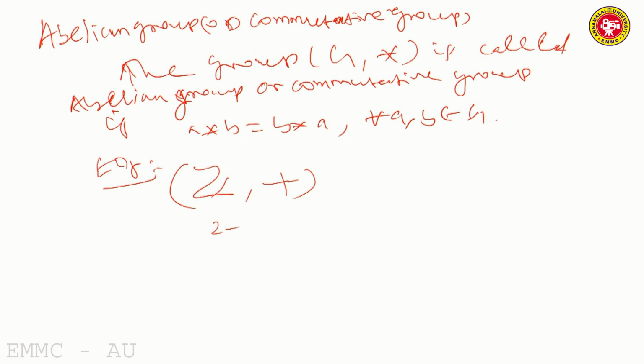Take 2 comma 3 in the set of integers, then 2 plus 3 is equal to 3 plus 2, which is 5 equal to 5.